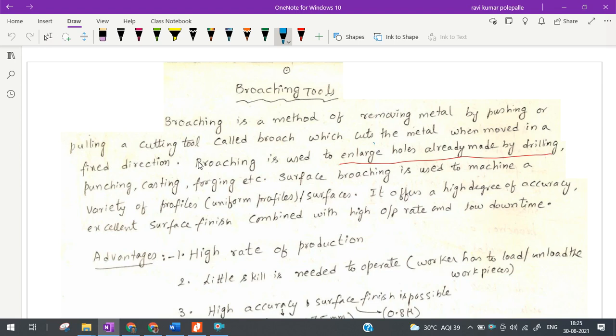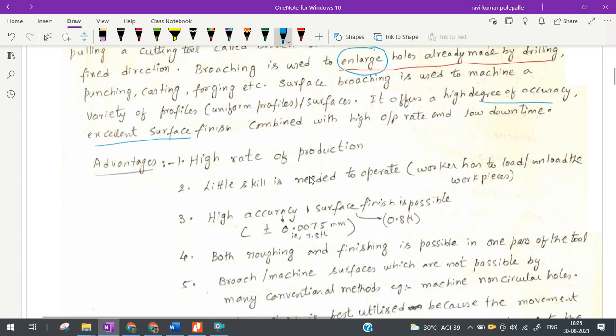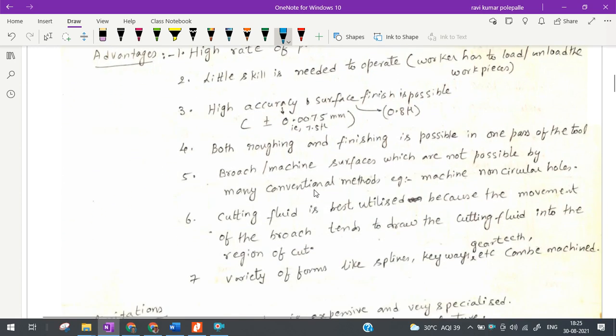It's only an enlargement process. It is not going to start any hole. Further, we may understand that this is a production process which produces components to a very high degree of accuracy, with excellent surface finish. And one needs to understand that both roughing and finishing are completed in one stroke, or rather one pass, of the cutting tool.